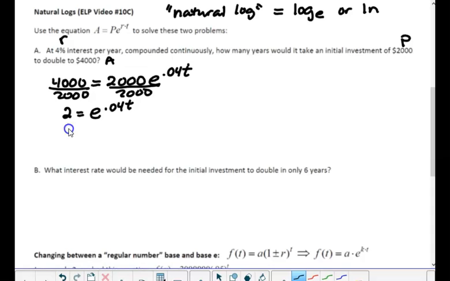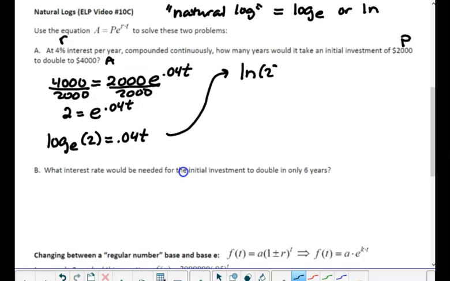So if I were putting this in log form, I could write log base e of 2 equals the exponent 0.04t. But I could also write this as natural log of 2 equals 0.04t. Natural log is one of the 2 logs used on every scientific calculator.